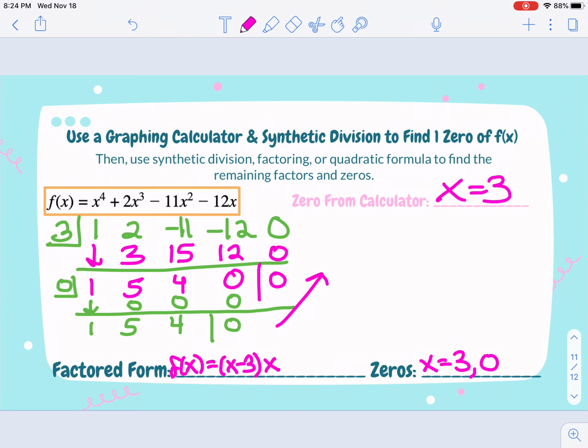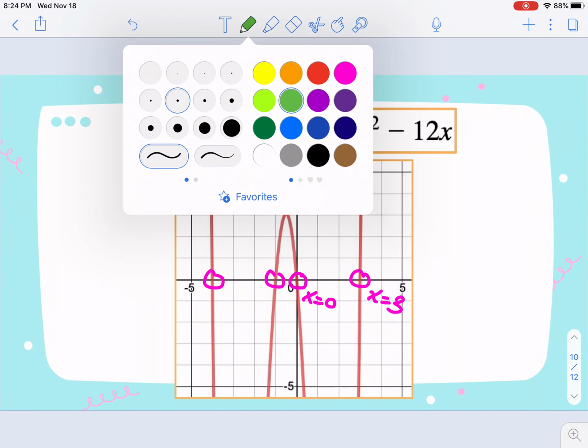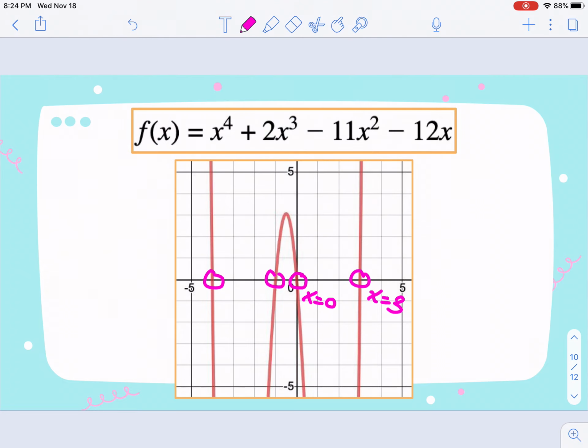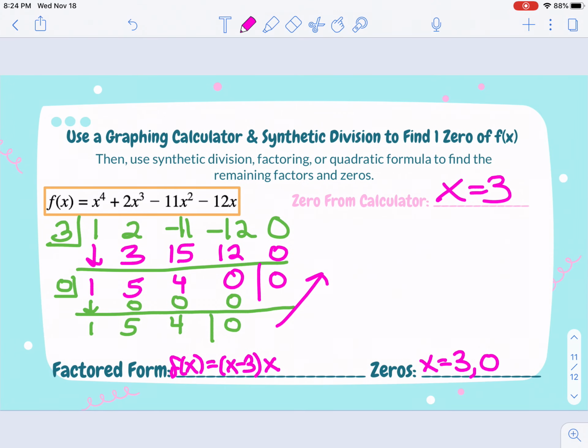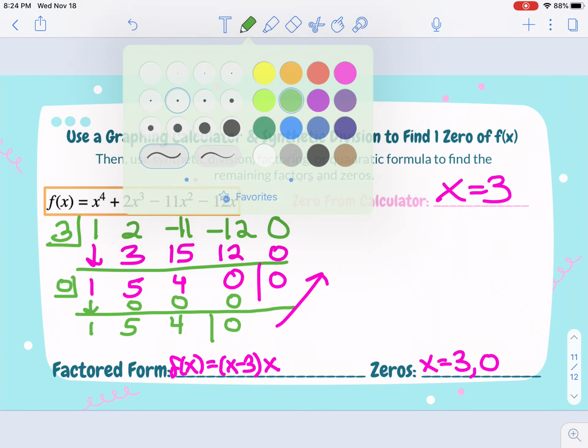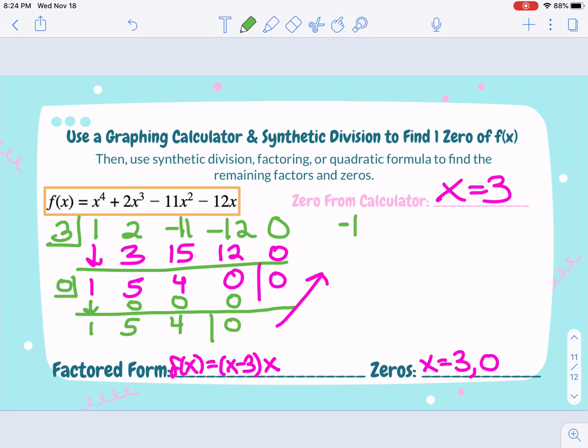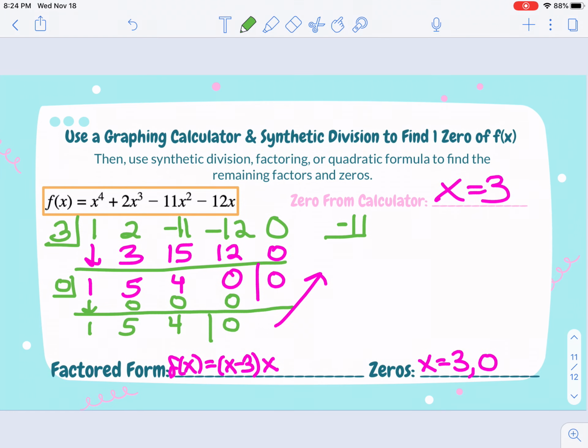So if we continue this over here, and we want to find the next one, if I look at the graph, I see I also have x equals negative 1. So I'll go ahead and put that in my box. And if we get remainders of 0, we know that it's a factor or a solution. So I'm going to just copy down what we had down below, 1, 5, 4.